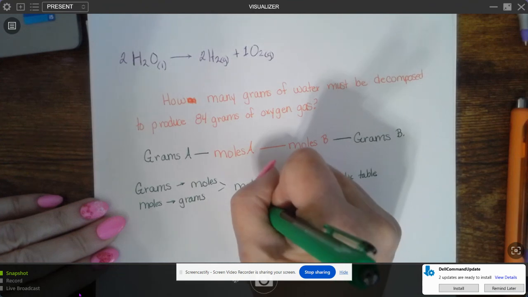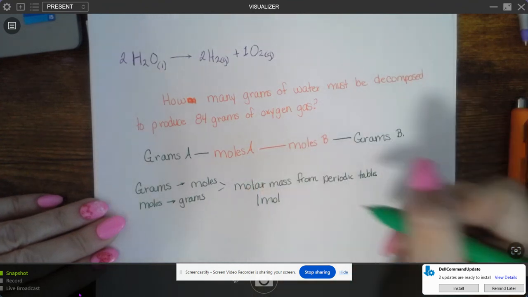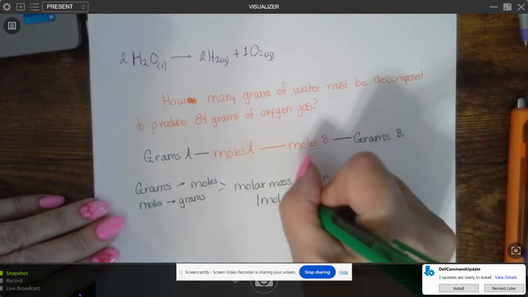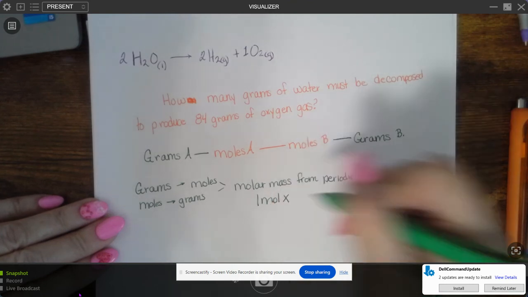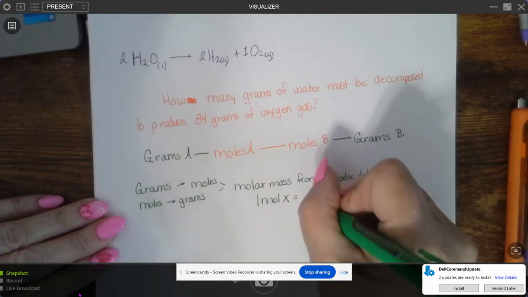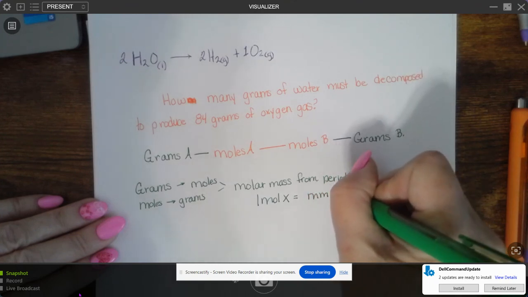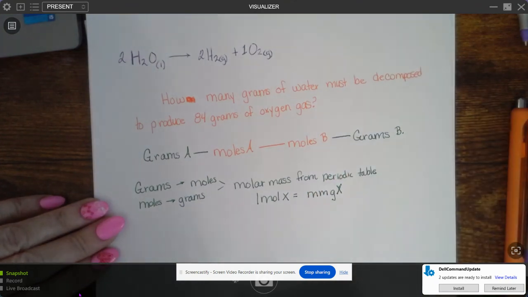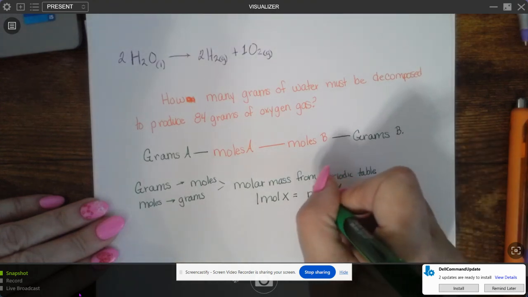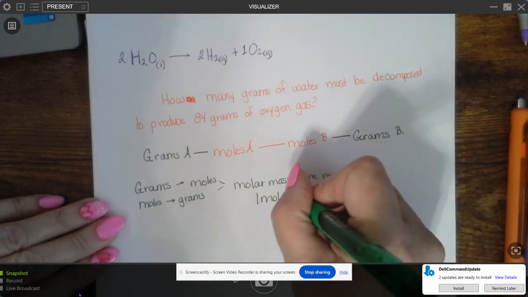You use the fact that 1 mole of your substance, let's say substance X, is equal to the molar mass in grams of substance X. So this is molar mass in grams.